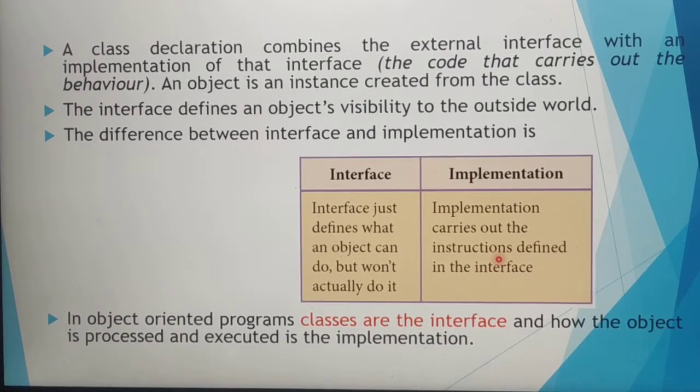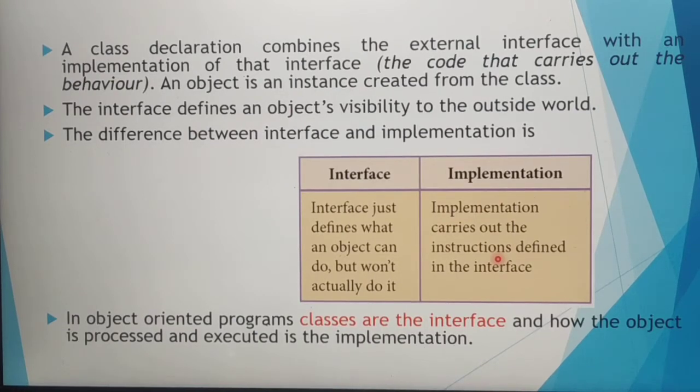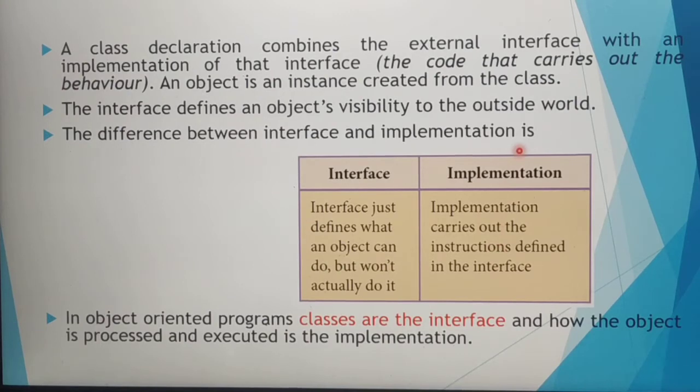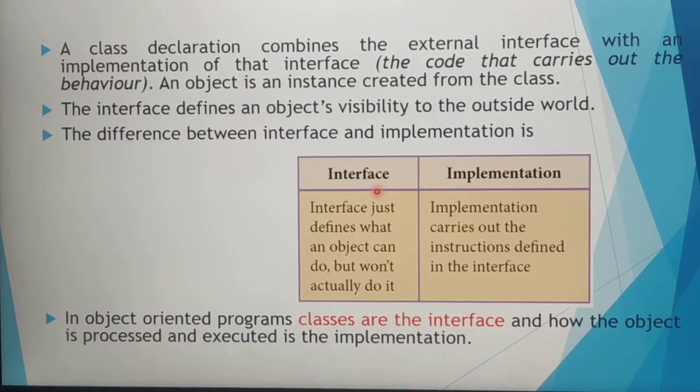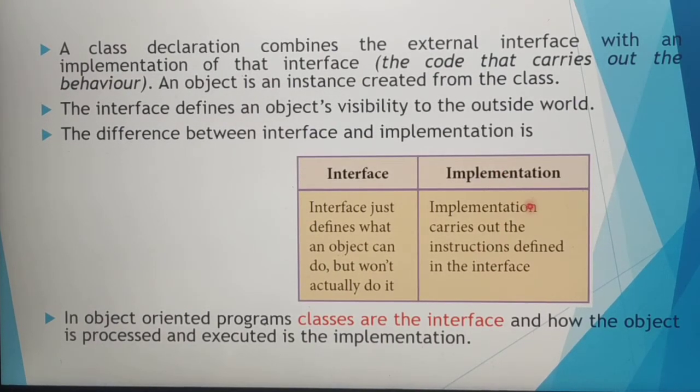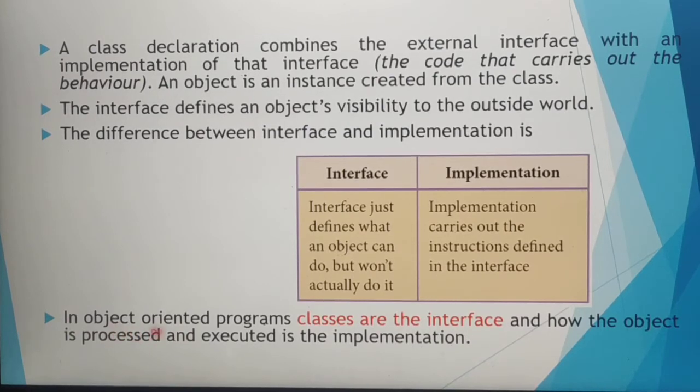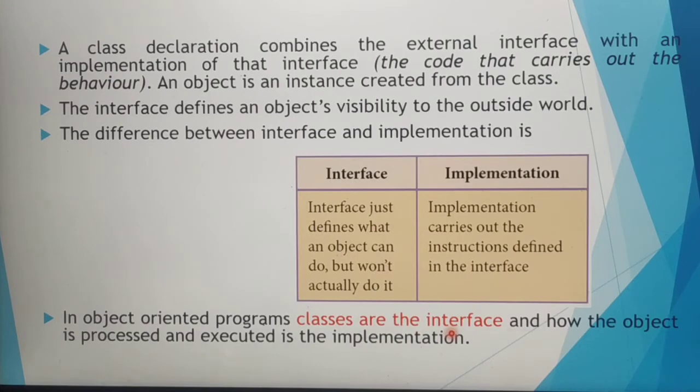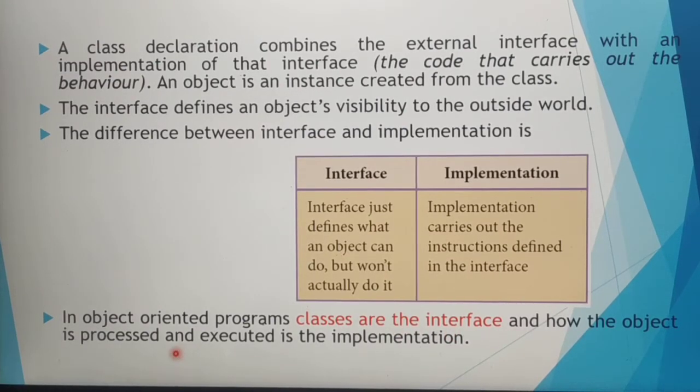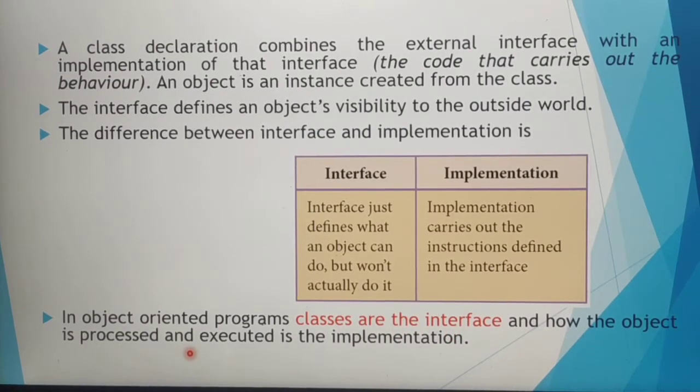Whatever functions we give in the interface, how we implement those functions and how we define each and every instruction will be explained by the implementation. This interface is implemented by this implementation. Then in object-oriented programs, the classes are called the interface, and how the object is going to be processed and executed is the implementation.